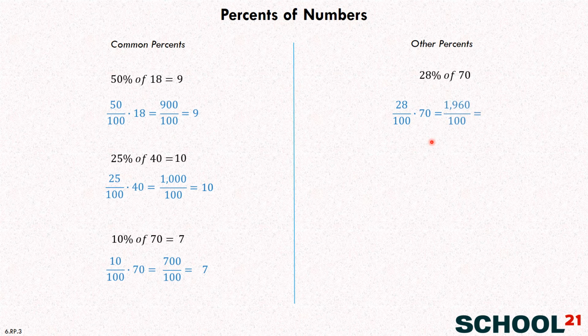So let's go ahead and pretend we used our calculator. And that's 1,960. And then, of course, on the bottom we have the 100. And then when we divide by 100, we can always just move the decimal place twice, right? Yeah, to the left. So if we move it twice to the left here, what's the answer going to be? 19.6. 19.6. Easy as that. You can find the percentage of a number by just turning that percent into a fraction.